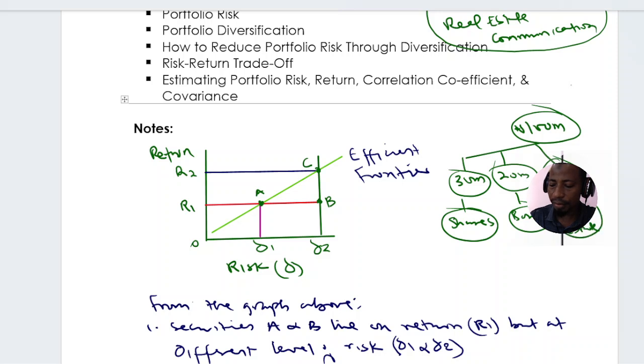Then the balance of 25 million naira, you can also invest, say for example, 15 million in energy.